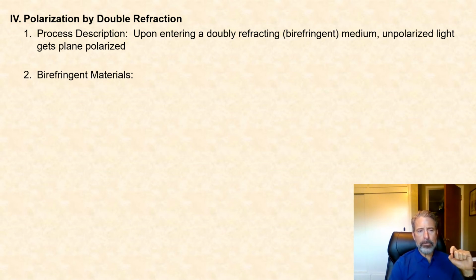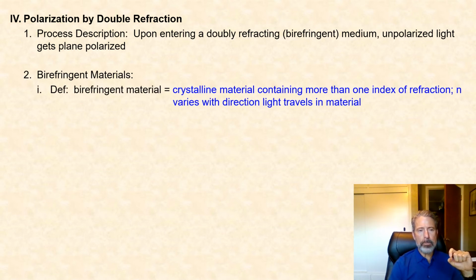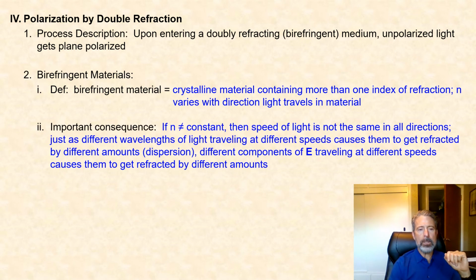So let's talk briefly about birefringent materials. A birefringent material, a birefringent medium, is a crystalline material containing more than one index of refraction. It turns out that the index of refraction varies with the direction that the light travels in the material. The important consequence of this, and it's the same when we talked about refraction of light in general, is that if the index of refraction is not constant, then the speed of light is not the same in all directions.